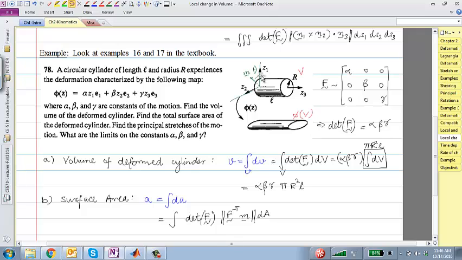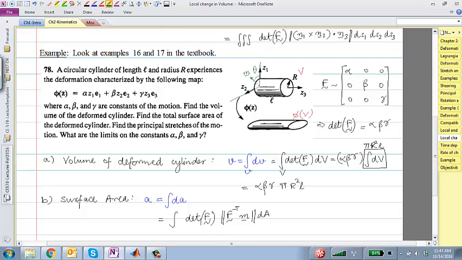The theta is measured from the Z1 axis, and it's the same normal for any value of Z3. So you give me Z1 and Z2 some point on the surface, and for any value of Z3, it would be the same outward normal for a cylindrical surface along the length, along the axis, right? That's one of the normals.